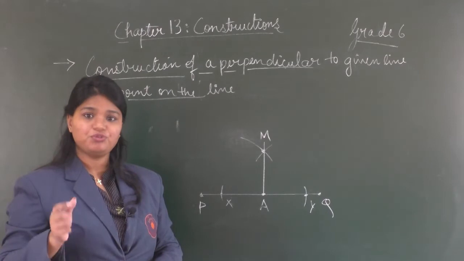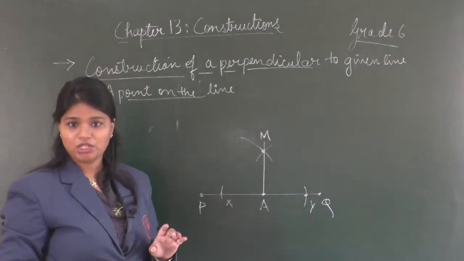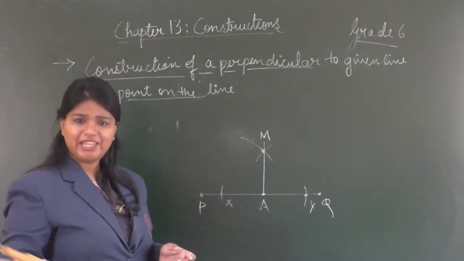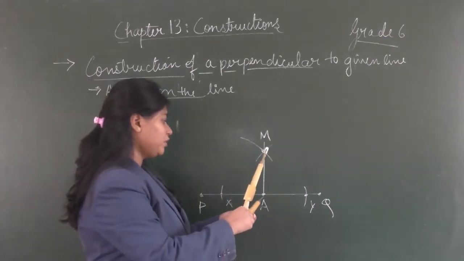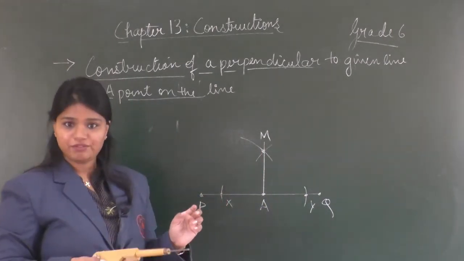So, what you have to do first, a line segment will be provided with the point A on it. You will take your compass and with any suitable radius you will keep it on A and mark two arcs on either side of the given point.